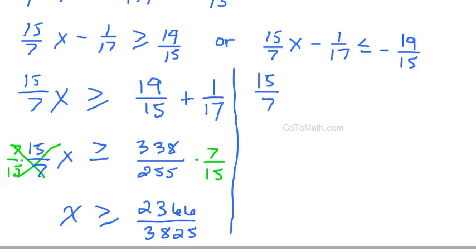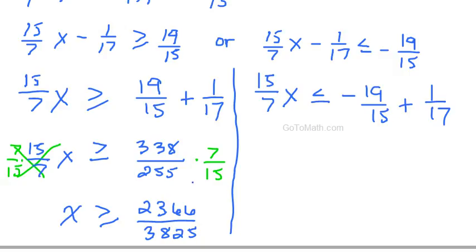So we have 15 over 7x is less than or equal to negative 19 over 15 plus 1 over 17. I'm going to let you figure that out. I hope I didn't make any mistakes here.